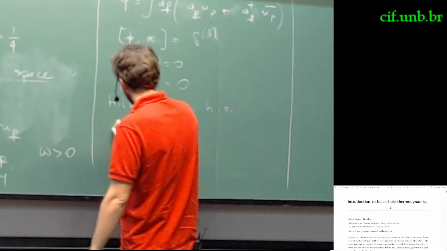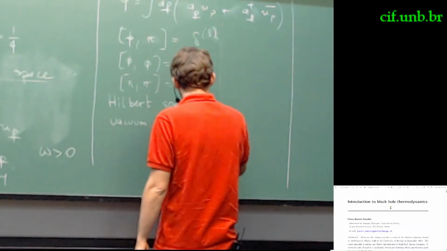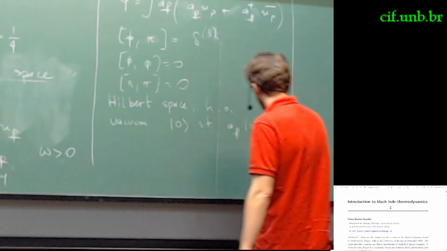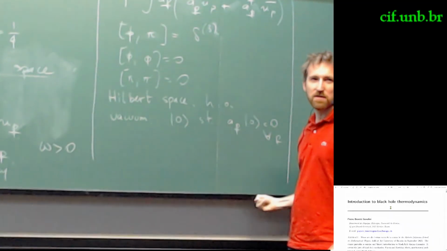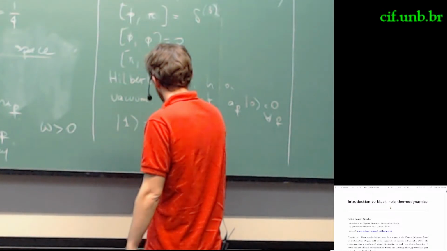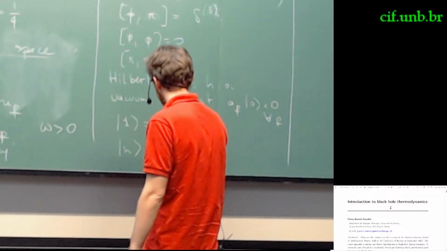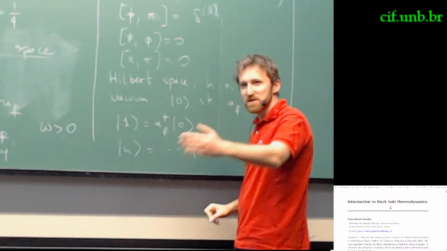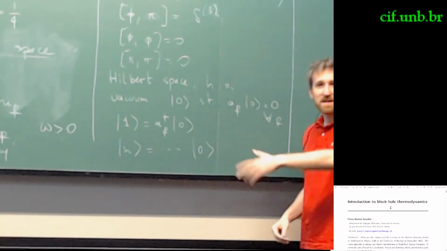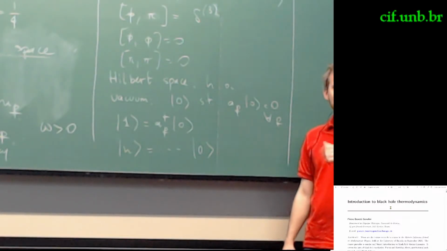You define a vacuum for all p that is annihilated by everything. Then you construct the one particle states, the n particle states by successive iteration of A dagger, and then you symmetrize everything in order to take into account the indistinguishability of particles.